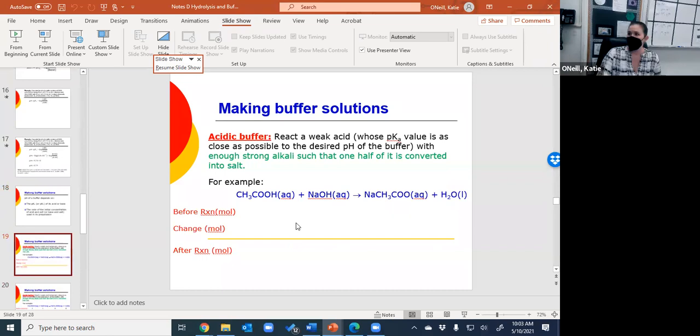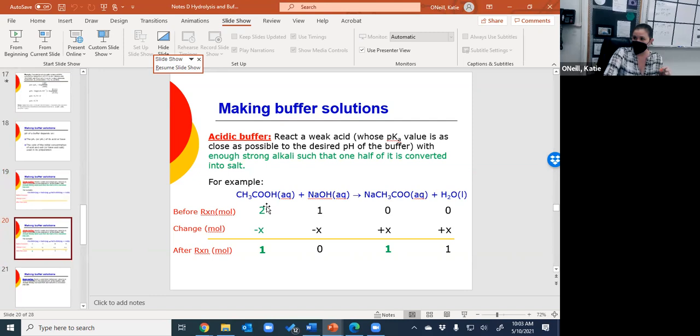So say, for example, I'm reacting a weak acid with a strong base, like sodium hydroxide. We want to make sure that the concentration of the weak acid is equal to the concentration of the salt of the strong alkali at equilibrium. But the fact that you're reacting it with a strong base is problematic.